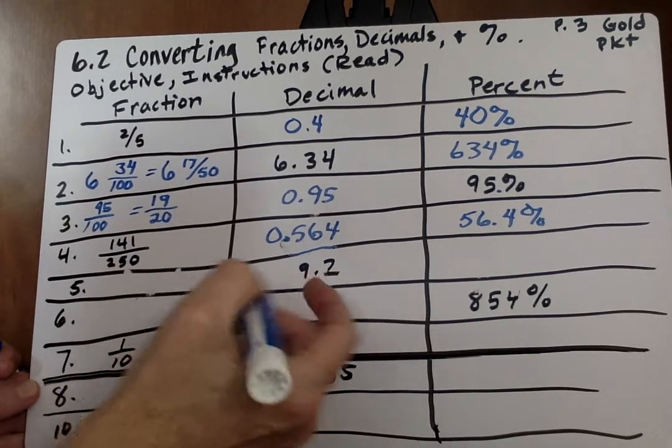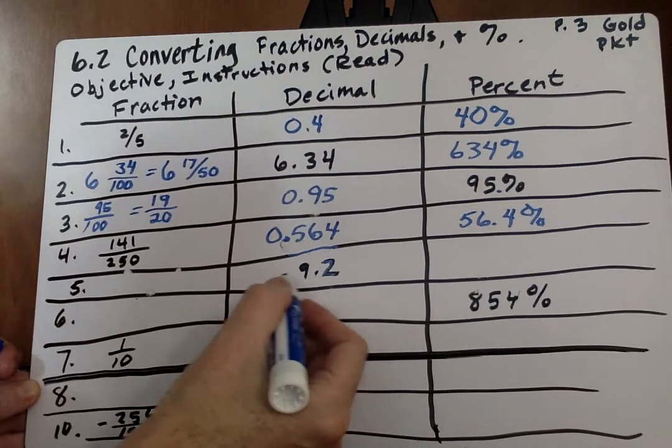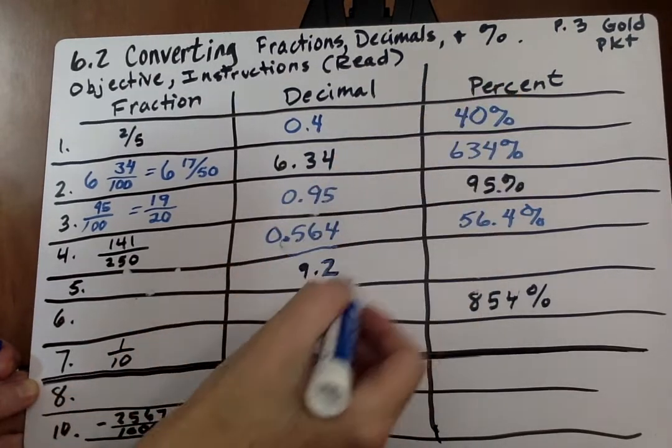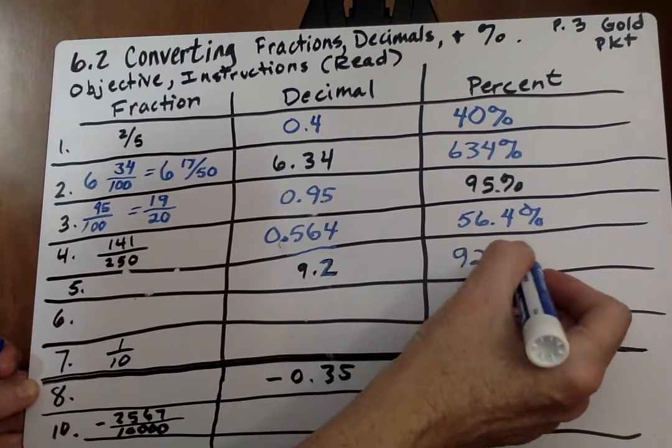Now here we're given our decimal 9.2, and we want to move it 2 places to the right for percent. So 9.2 is 920%.